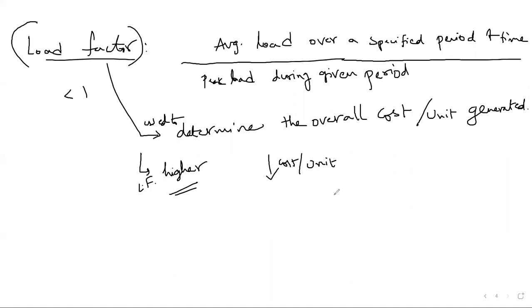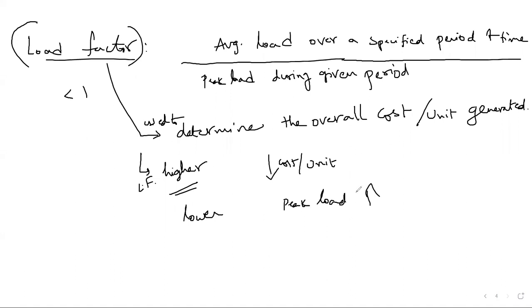right? If the load factor decreases, we will go for another case to analyze this. If the load factor is lower, then what is the problem we need to face? The peak load needs to increase, the demand will increase, and we need to meet that demand. So a low load factor is not feasible.